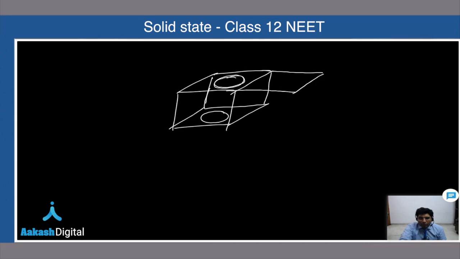Okay, tell me one thing. If it is cubic, this atom and this atom will touch each other, yes or no? If it is cubic and these corner ones are also touching each other. Now I have the book.